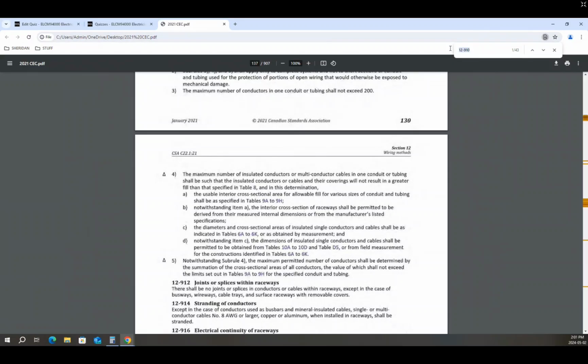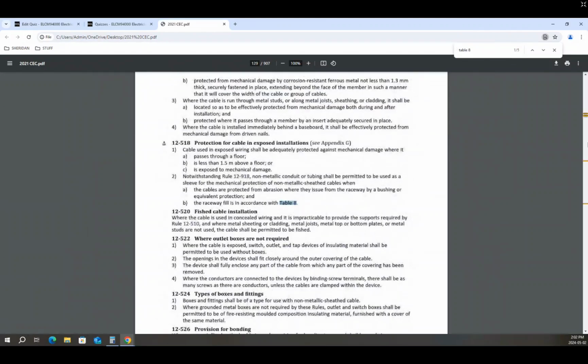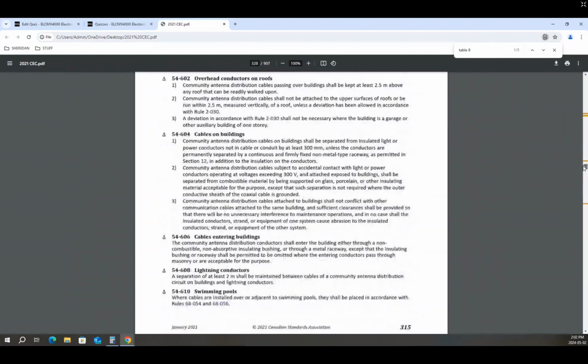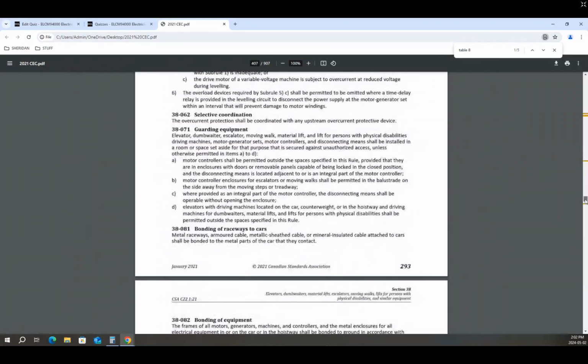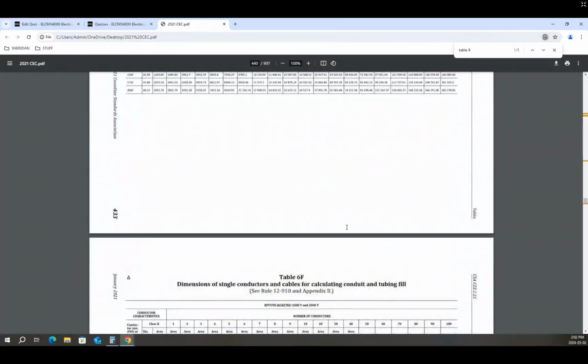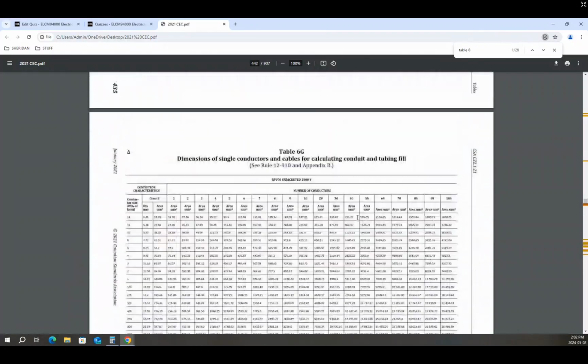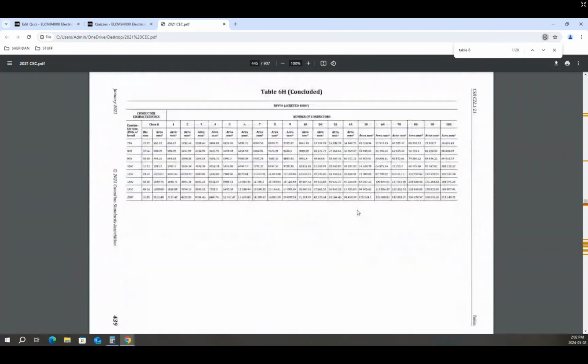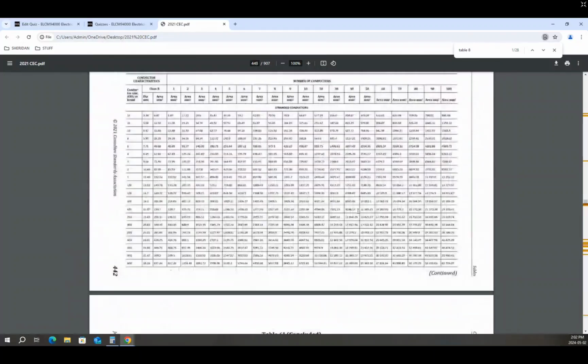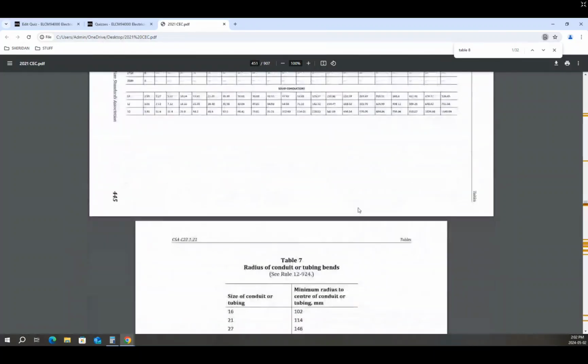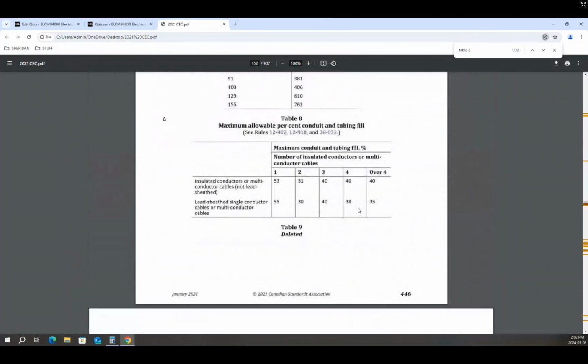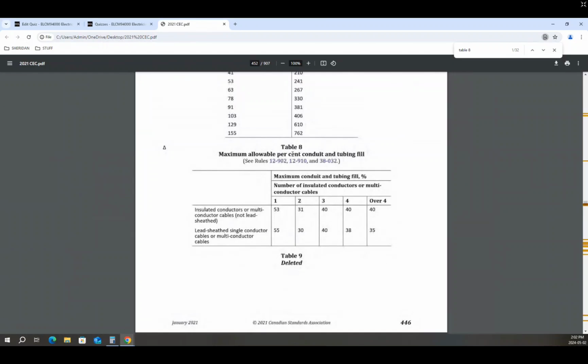I'll have to go to Table 8. Table 8, maximum allowable percent conduit fill.